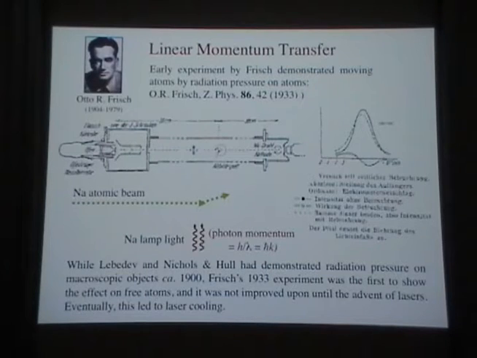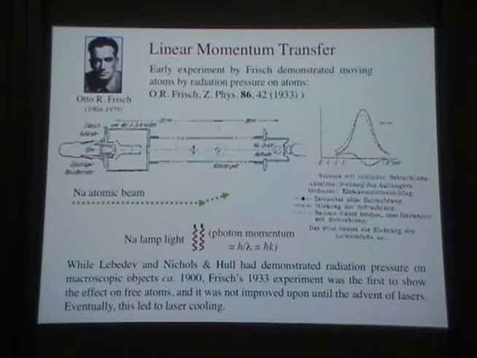Here are two curves, one showing the position of the atomic beam without the presence of the light, and the other one with the presence of the light, where you can see a slight deflection. I believe that's just taking the difference between the two curves there. So this could be regarded as one of the first experiments which actually demonstrated the transfer of momentum from light to atoms.